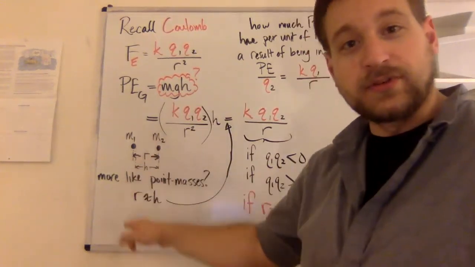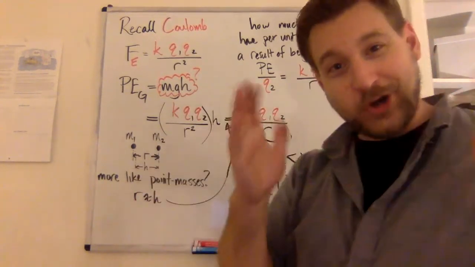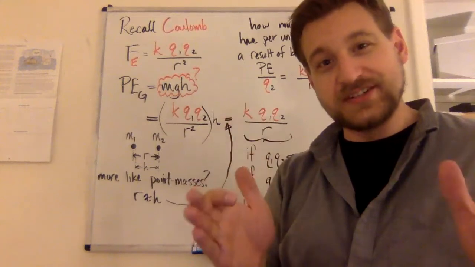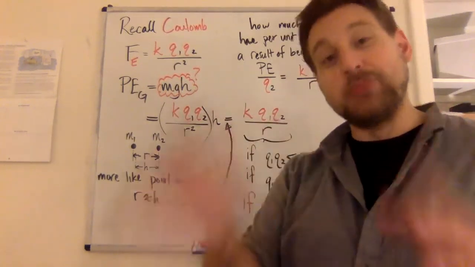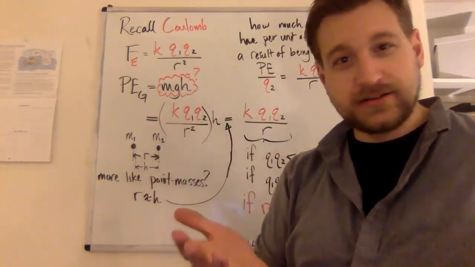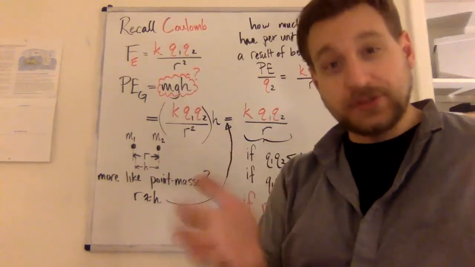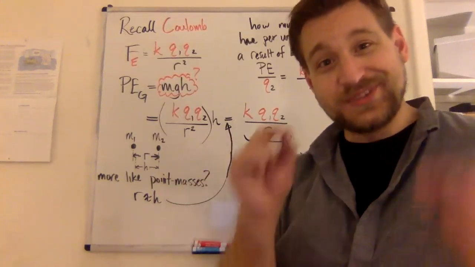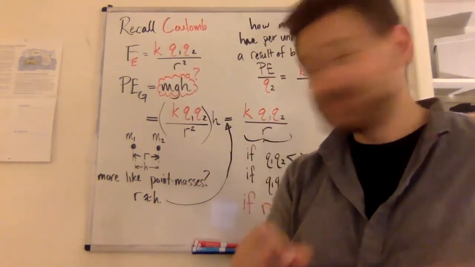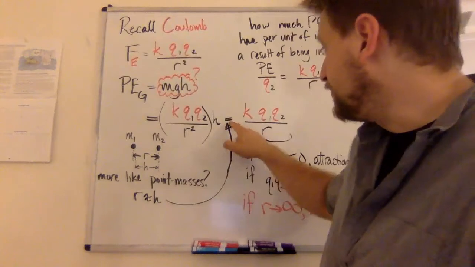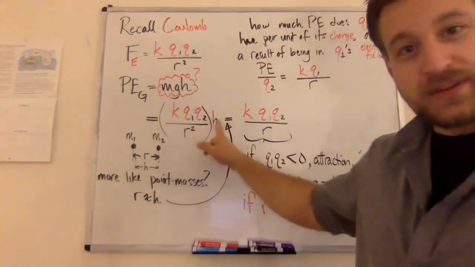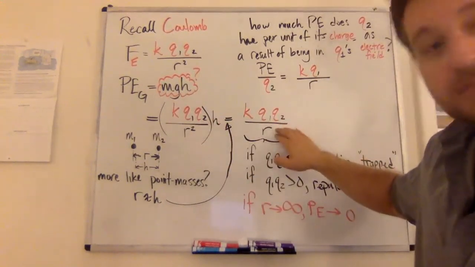The same story works here, that R, the distance between the charges, and H, the height above the charge, are closer and closer to being the same, the smaller the charges are. So we can cancel R with H and end up with this.